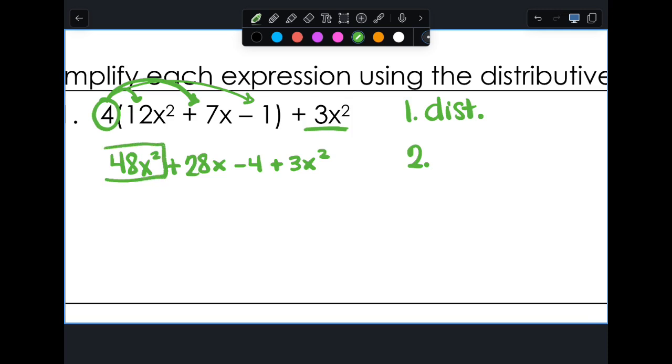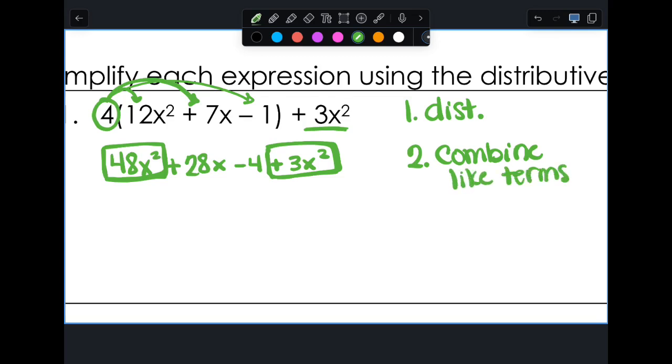You can combine your x squares. Remember, when you add, you can only add your like terms. You can only add the x's that have the same exponent. So 48 plus 3 is? Bring everything else down. 28x minus 4.